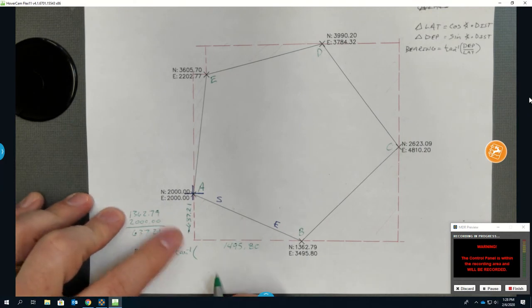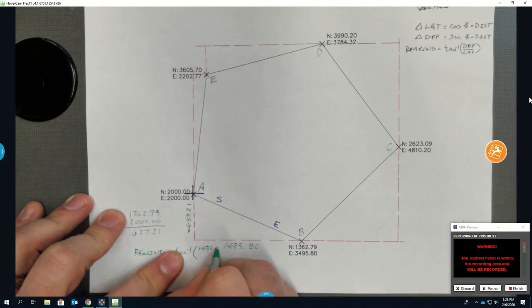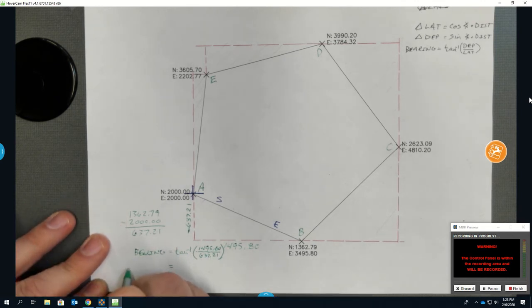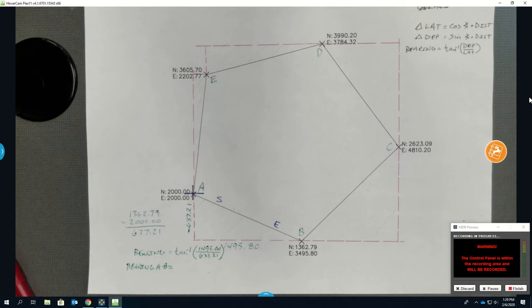So departure over latitude, 1495.80 over 637.21. So our bearing from A to B, boy, this pen is terrible. A to B is what?